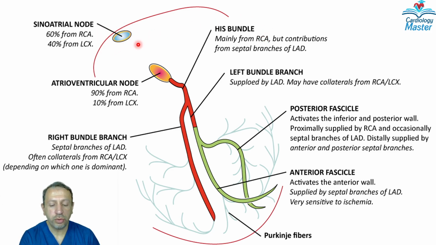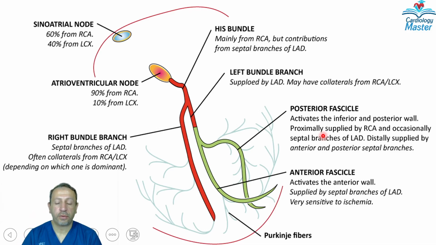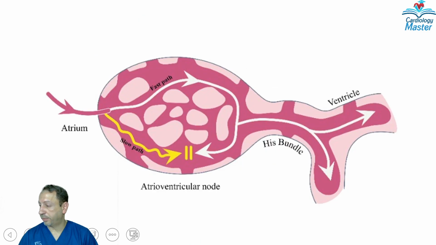So the SA node, the AV node, and the His bundle are mostly supplied from the right coronary artery, other than the left and the right branches, which are supplied from the left anterior descending artery, and they may receive collaterals from the right coronary arteries.